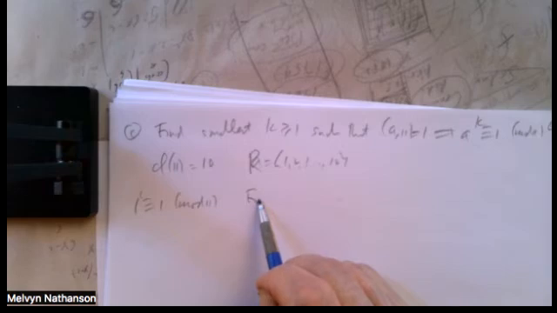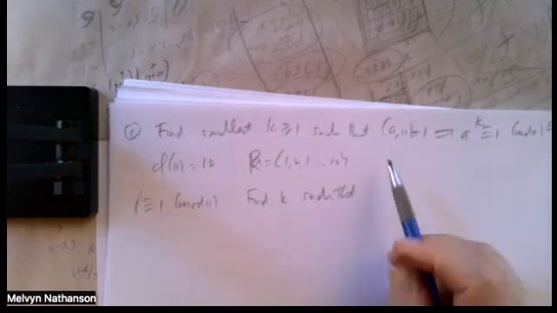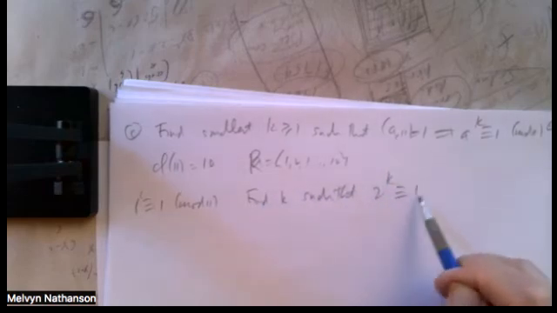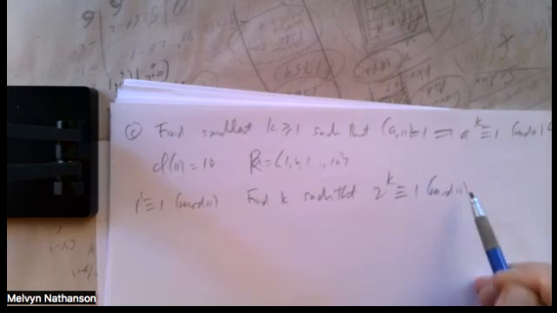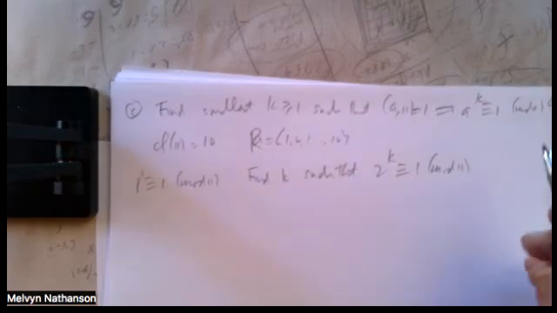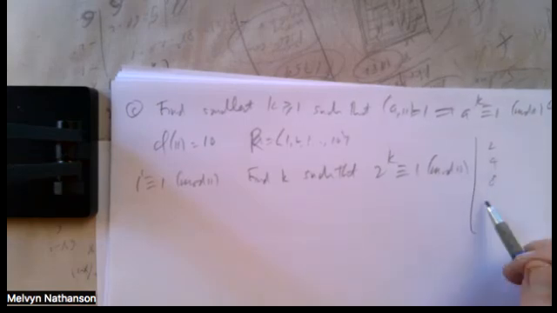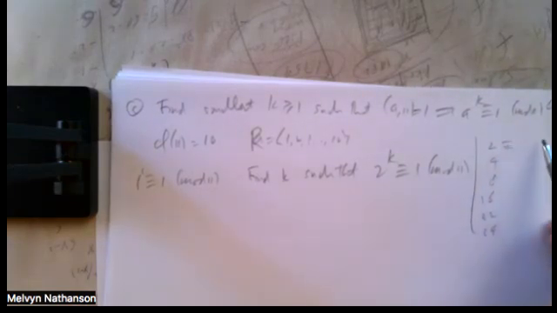But we want to, for example, find k such that 2 to the k is congruent to 1 mod 11. That's not so obvious. What are the powers of 2? 2, 4, 8, 16, 32, 64. What are these congruent to mod 11?